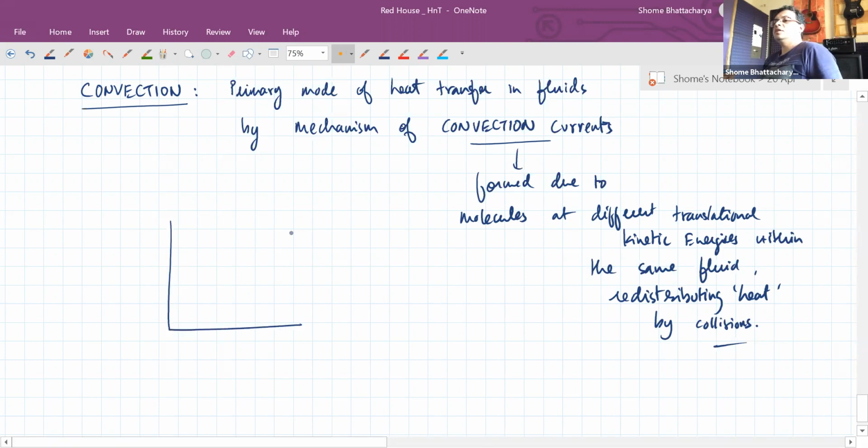So basically you have a container with some fluid in it.